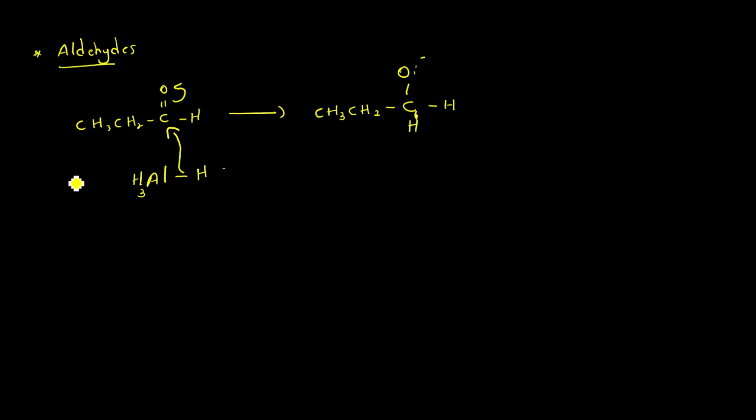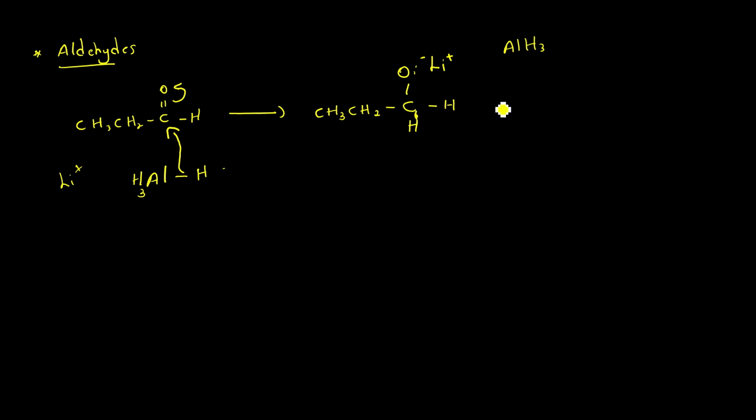Now you can put the lithium plus on the oxygen, and that AlH3 is there. This is a neutral compound. If you remember, AlH3 is a neutral compound, whereas when AlH4 is there like this, it's a negatively charged compound.